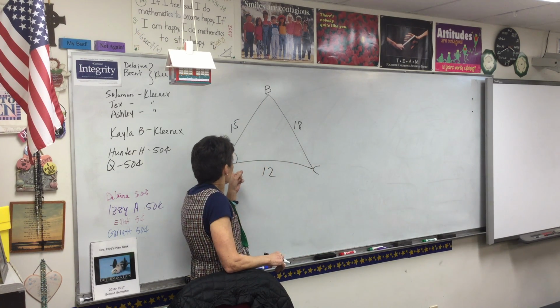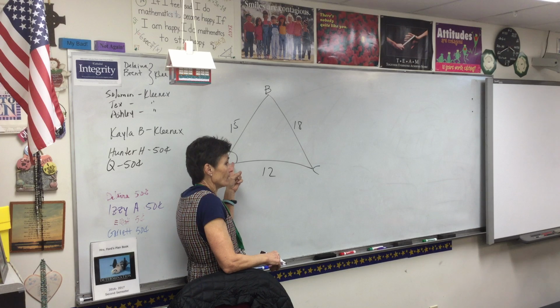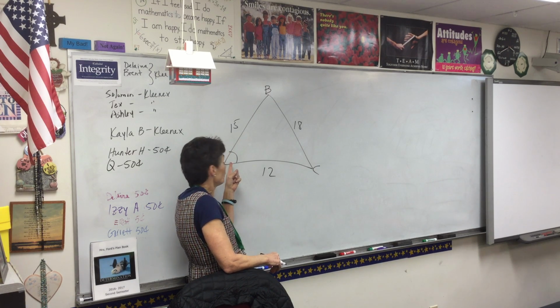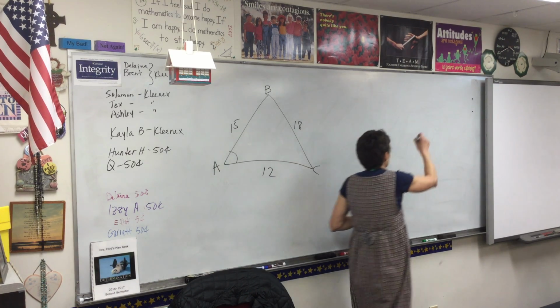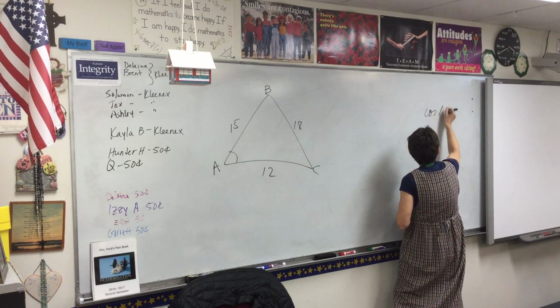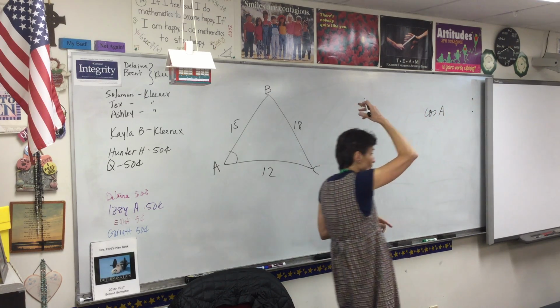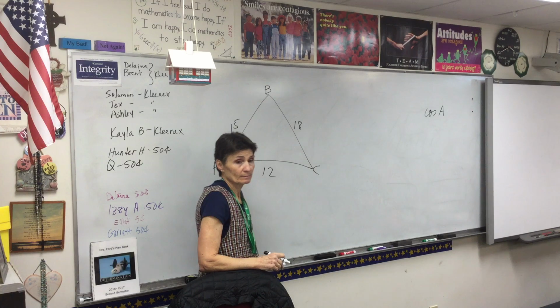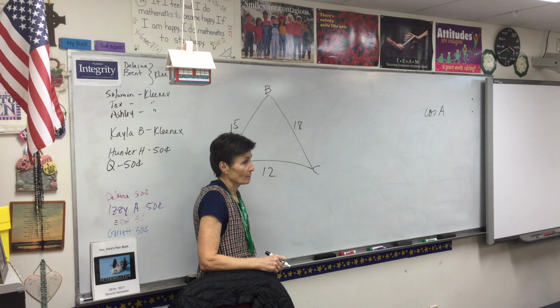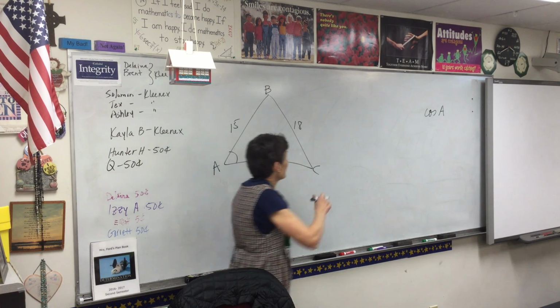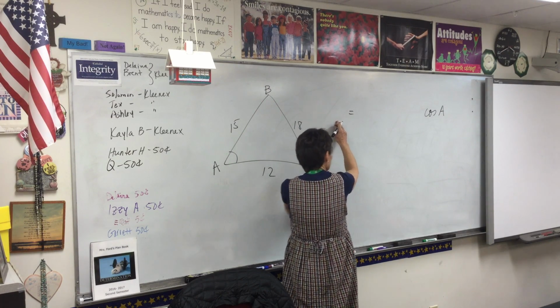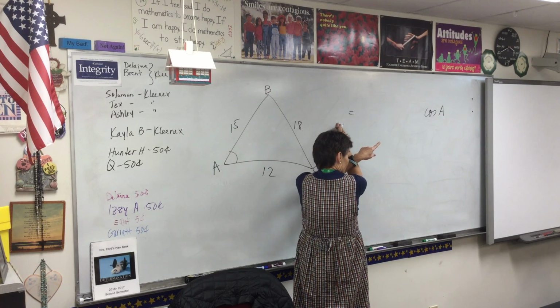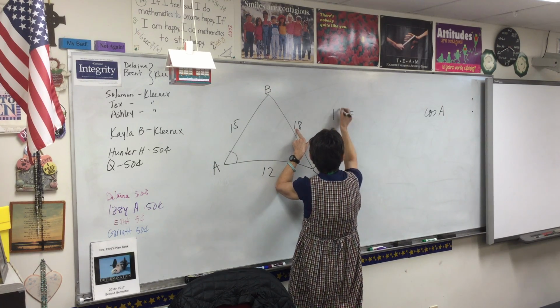No. So we are going to have to use the law of cosines. And if we decide that we are using angle A, then it is going to be out here in my big long law of cosines equation. That means that over here will be the side that goes with angle A, which is 18.